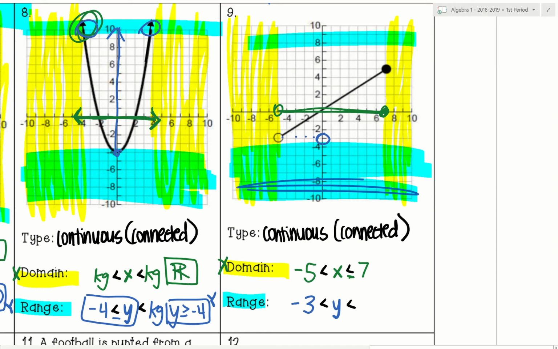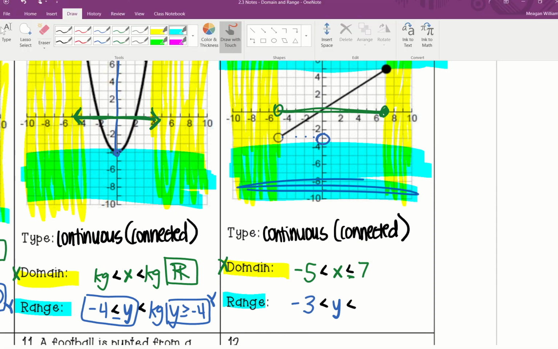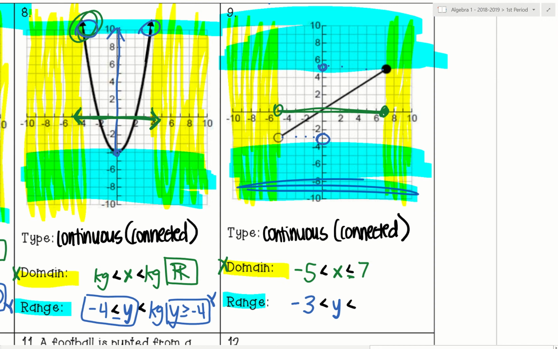Then at the top of my graph, what do I run into? Closed circle at where? 5. If I connect them, that means it has to be anywhere from -3 to 5. Can it include any of those numbers? Which ones? Just 5. So make sure you underline the sign that's next to 5. Are we good with that?